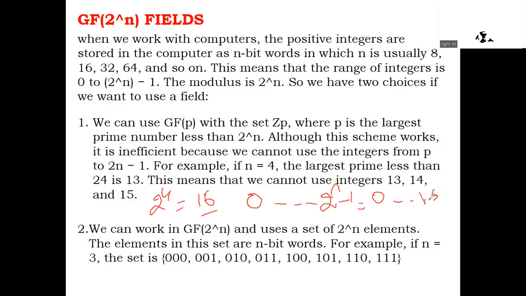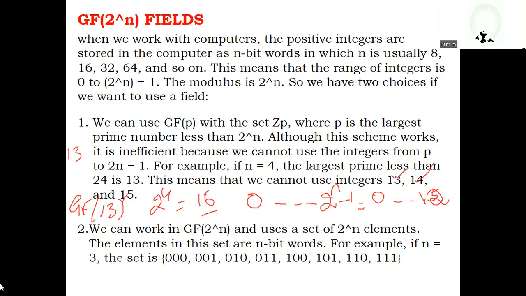In between 0 and 15, the largest prime number is 13. So if I'm taking GF of 13, I'm speaking about the modulus operation, and the values I'll consider are from 0 to 12 only. Now I'm not using the values 13, 14 and 15; the values are wasted.